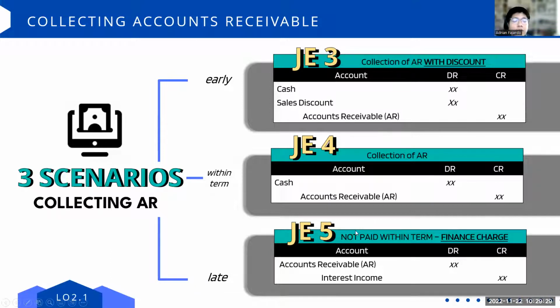So, now, the journal entry would be debit AR, credit interest income. So, tataas yung receivable na we're expecting because we're not only expecting to receive the 100 pesos, but we're also expecting to receive an interest income of 5 pesos. Right? So, these are the 3 other journal entries you have to master for initial measurement.